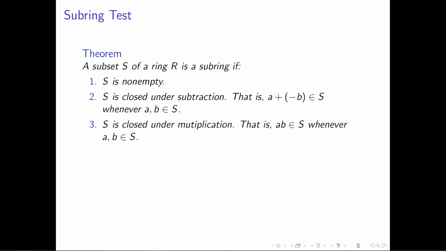So we would have to check that the set S forms an abelian group under addition, and that contains 5 properties within it: the 4 group properties, and then we would also have to check commutativity of the addition operation. And then we would have to check the remaining things that were baked into the definition of a ring. So we would have to check that there's a multiplication structure on S and that S is closed under that multiplication.